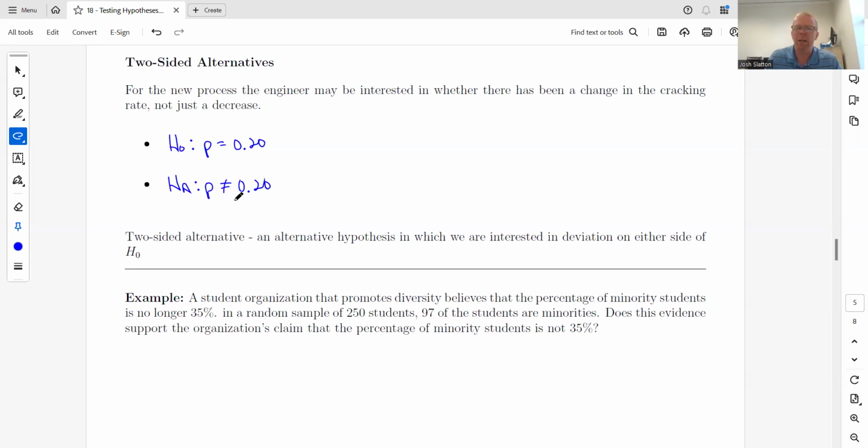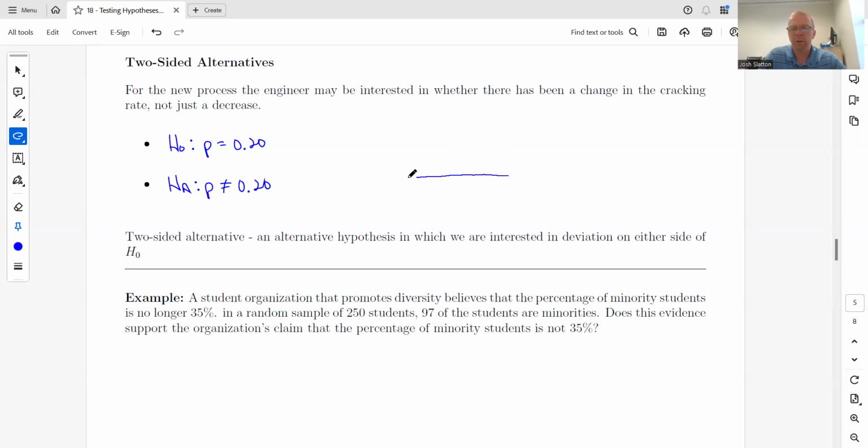So is 17% far enough? Is 24% far enough away? It's not strictly 0.1999 that's going to be not equal to 0.20, so we must accept the alternative. Is it far enough away in either direction from 20%, in this case?